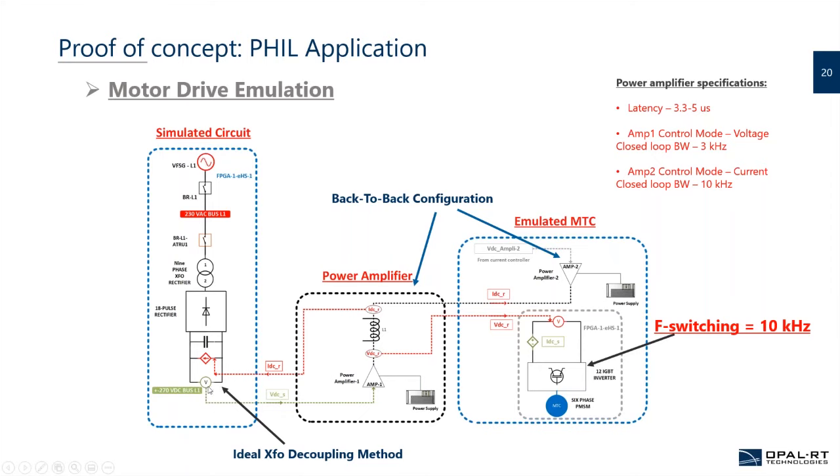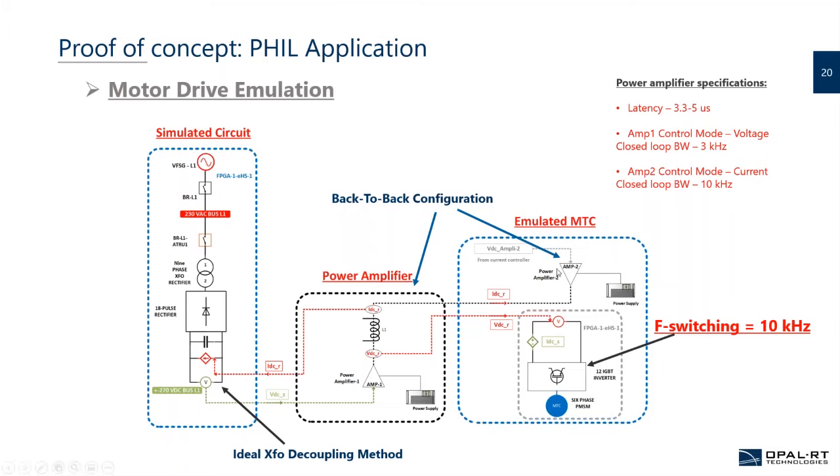So the measured voltage is sent to a real power amplifier that will generate the real voltage. And then we have the emulated part, which consists of a 12 IGBT inverter with the PMSM, the 6-phase PMSM motor. So to emulate this drive, we used another power amplifier available here in our laboratory.